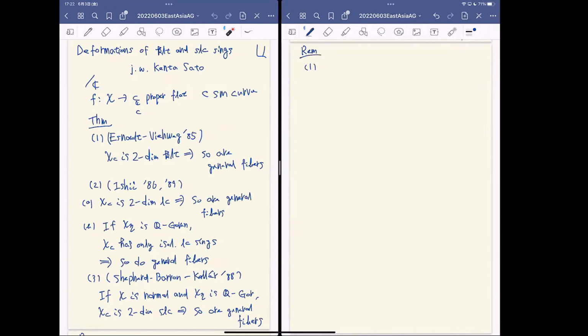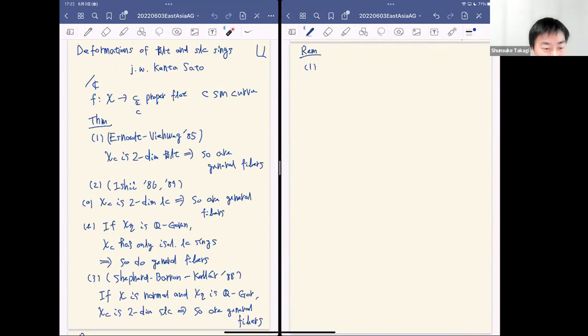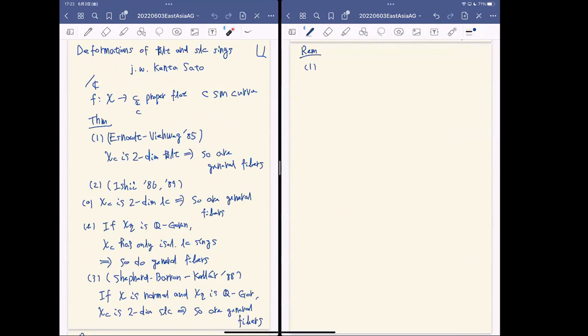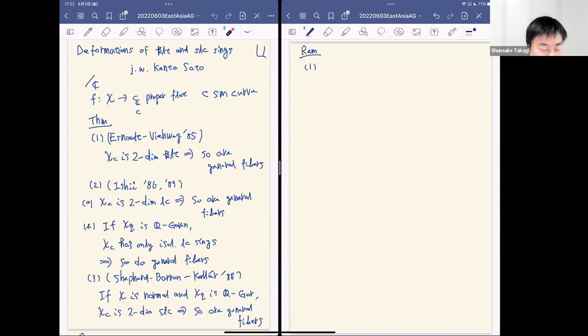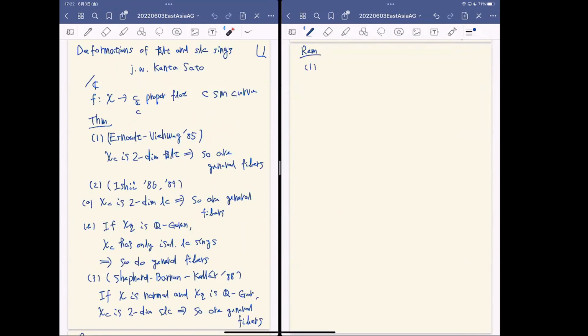Excuse me, are there boundaries? Sorry, could you say again? Are there boundaries? Yes, we can prove the boundary case. In their original paper they don't consider pairs, but actually we can prove it. Thank you very much.